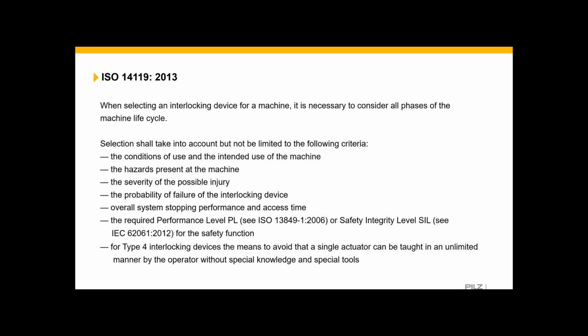That's the conditions of use and the intended use of the machine, the hazards present at the machine, the severity of possible injury, the probability of failure of the interlocking device, overall stopping performance and access time, the required performance level or safety integrity level, and for type 4 interlocking devices, the means to avoid that a single actuator can be taught in an unlimited manner by the operator without specialist knowledge or at all.